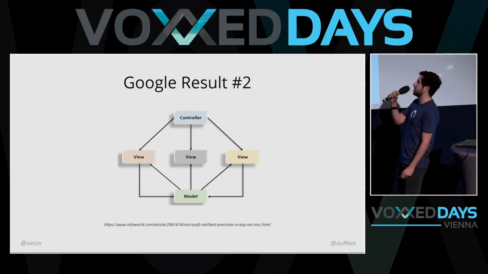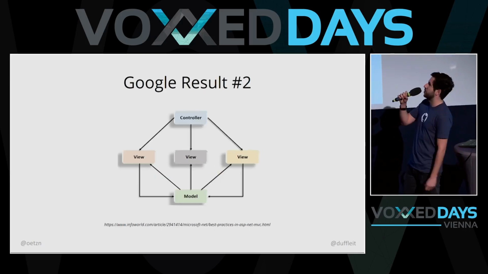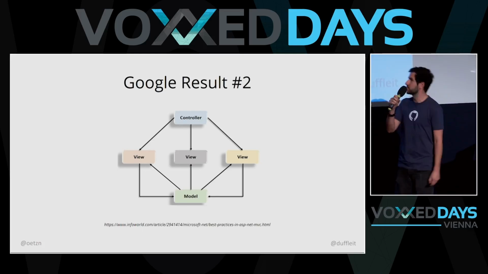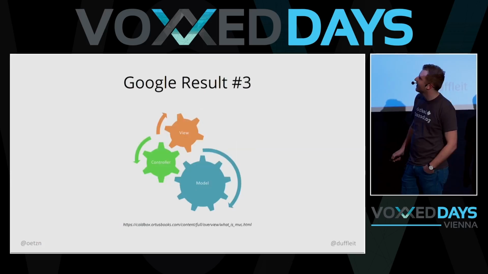At least the arrows are no longer bidirectional, but the view and model kind of keep updating themselves all the time, and we're not quite sure where input from the controller is coming from. Yeah, I mean, it's very sophisticated. So skip all these arrows, do gears instead. It's much better.